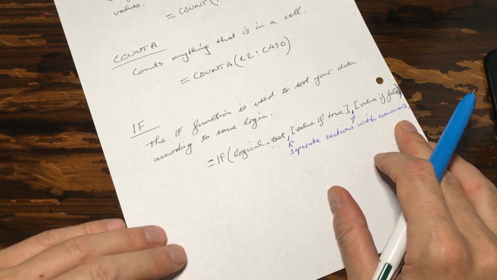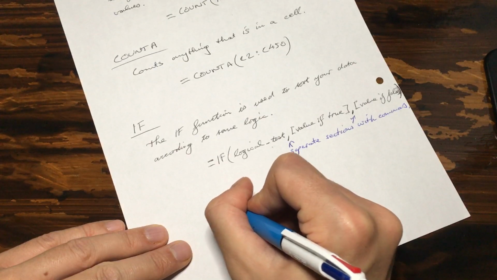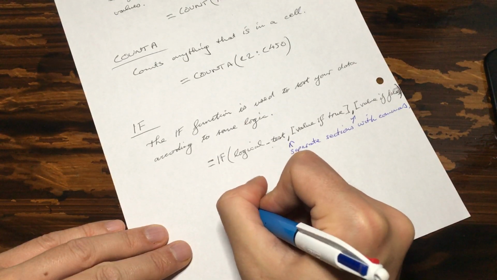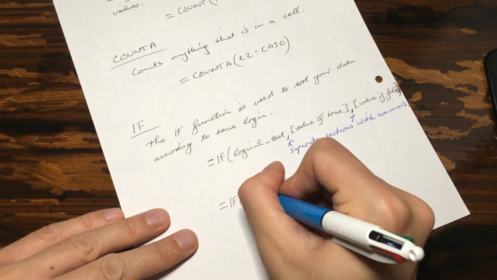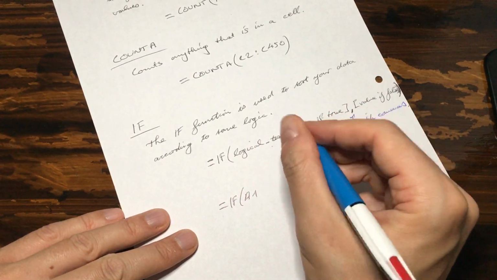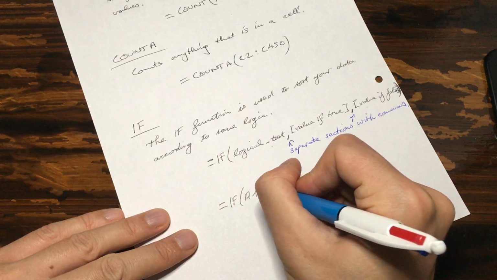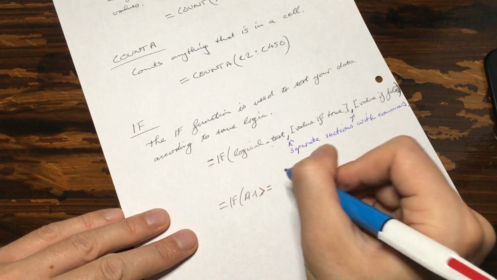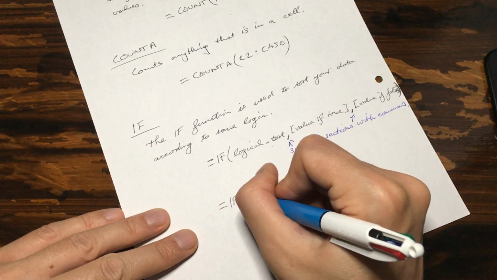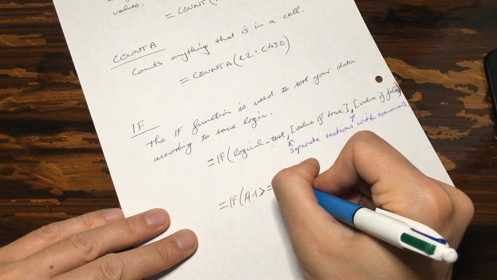Okay, so let's do a quick easy example. So we'll do this example here, equals IF, and let's say we did if A1 is greater than, I'm going to use greater than or equal to, and so that's A1 greater than or equal to, let's say 20.